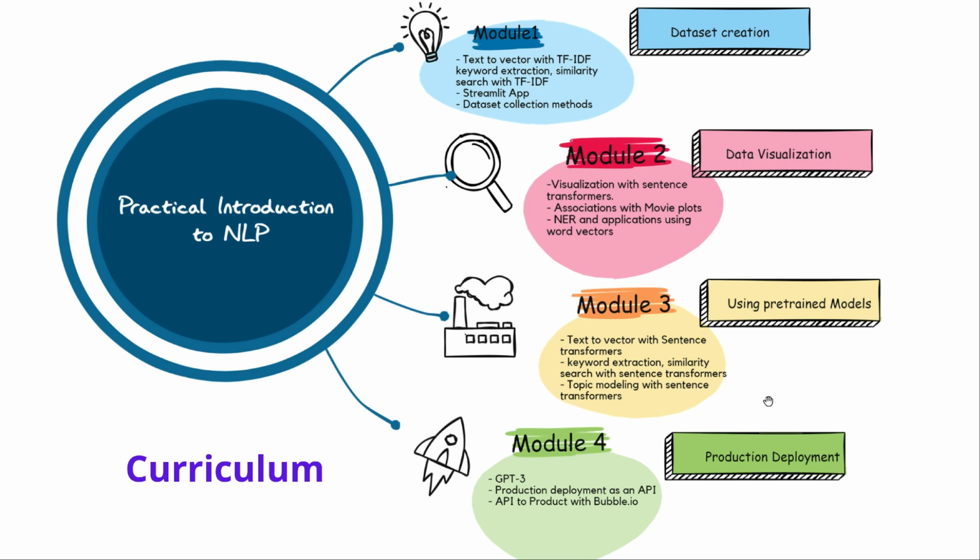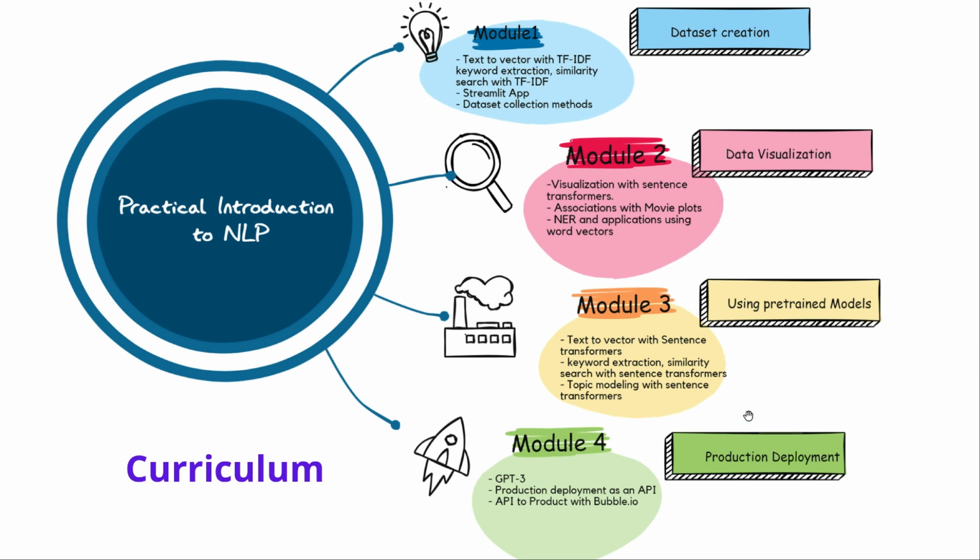And the biggest thing to remember is that we'll see how we can do the same vectorization of any text using TF-IDF in module 1 and advanced algorithms like sentence transformers in module 3. So module 1 and module 3 will complement each other, where we'll see how module 3 has evolved to be better than what module 1 algorithm uses. So the same things that we are going to do in module 1, we'll do it better in module 3.